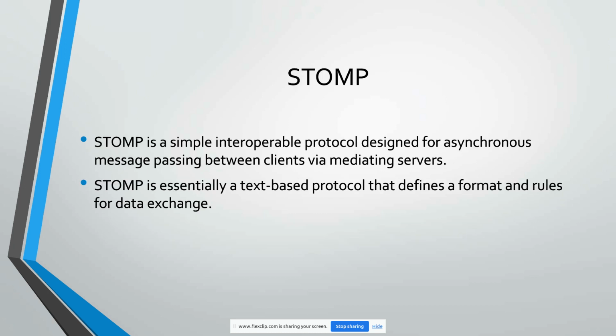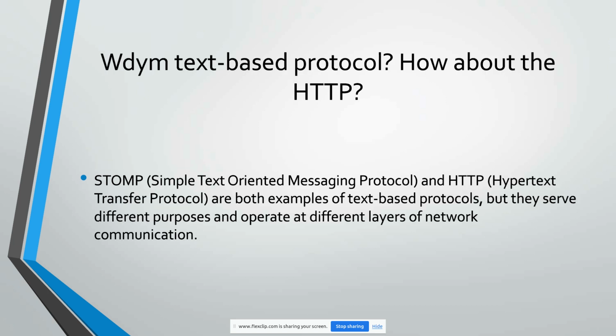So Stomp is essentially a text-based protocol that defines a format and rules for data exchange. So what do you mean by text-based protocol? How about HTTP? If you're trying to learn about HTTP and Stomp, you can see there's hypertext, while Stomp is simple text.